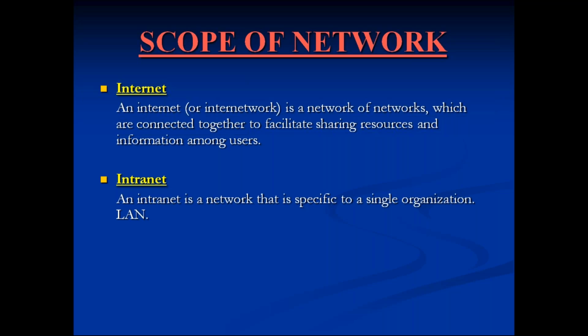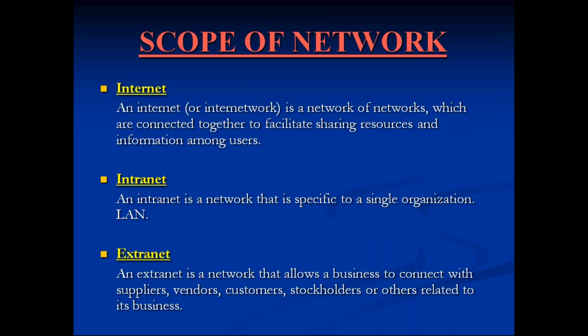So within the organization, we are going to set up intranet. Extranet is a network that allows a business to connect with the suppliers, vendors, customers, stakeholders, others related to its business. So depending upon your business relations, you can provide your network communication to your vendors or customers. This is called extranet.